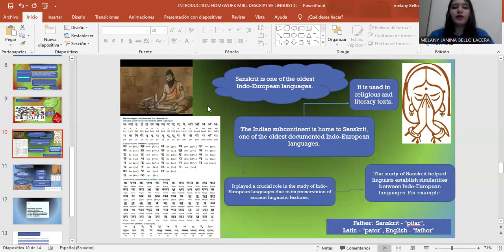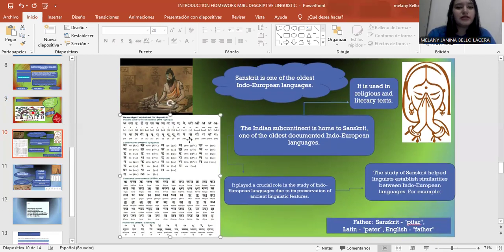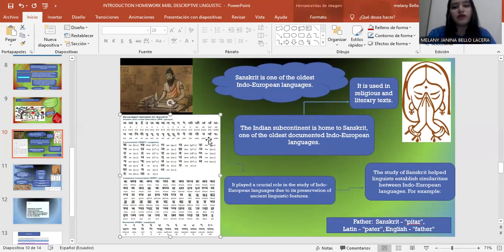And we have now Sanskrit, one of the oldest Indo-European languages. It is used in religious and literary texts. The Indian subcontinent is home to Sanskrit, one of the oldest documented Indo-European languages. For example, in this case, we have the alphabet of Sanskrit.